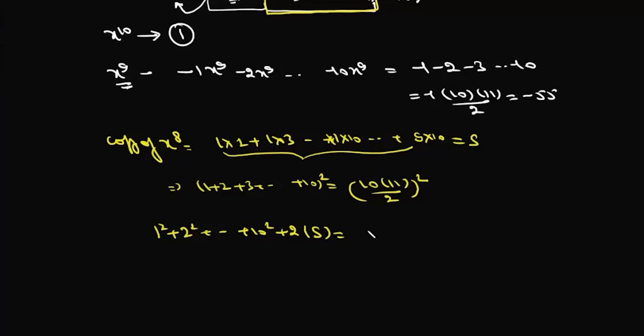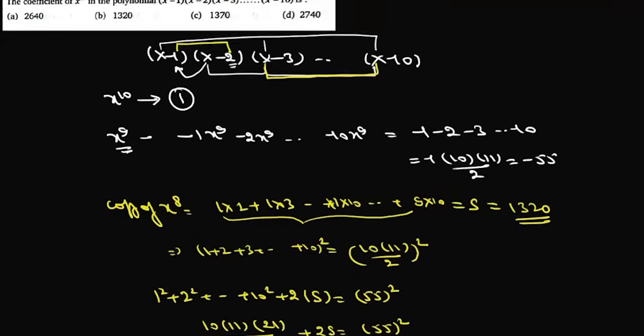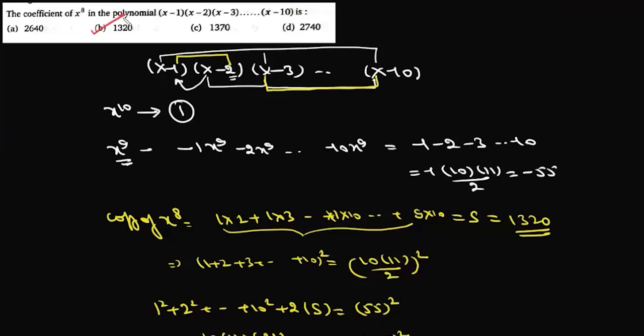So it will be the sum of squares, n(n+1)(2n+1)/6, plus 2s, and it will be equal to 55 square. So we get 2s is 2640, or the value of s is 1320. So the coefficient of x to the power 8 will be 1320, and that's your option B.